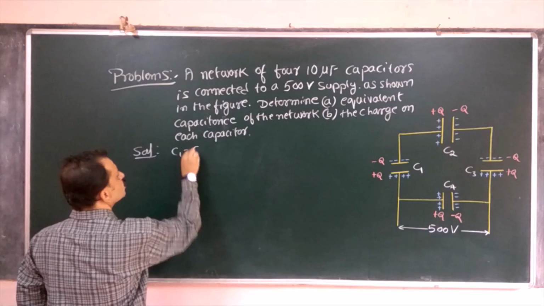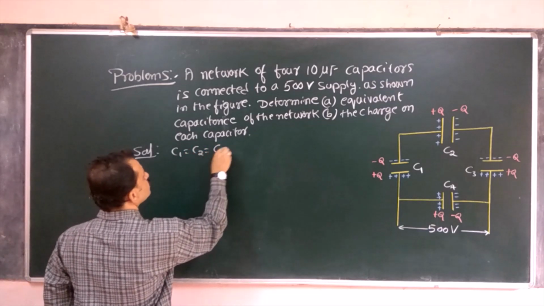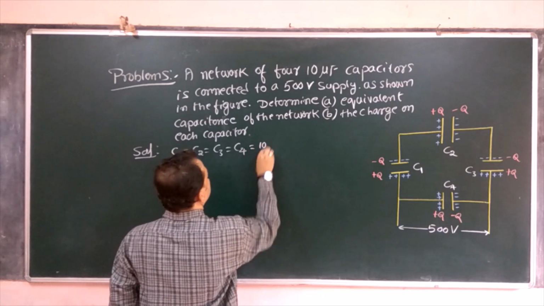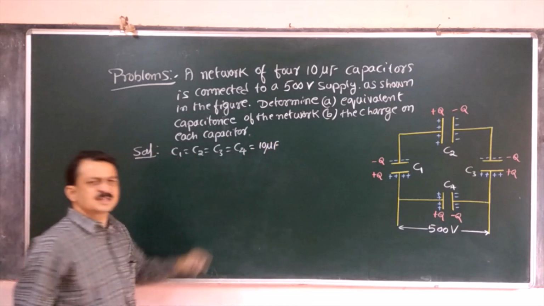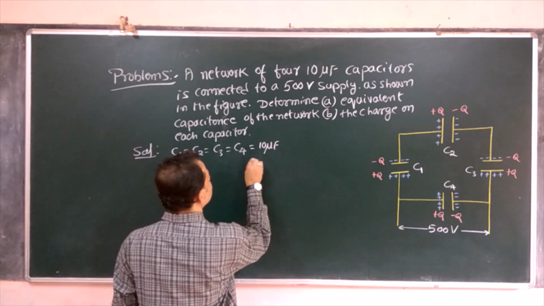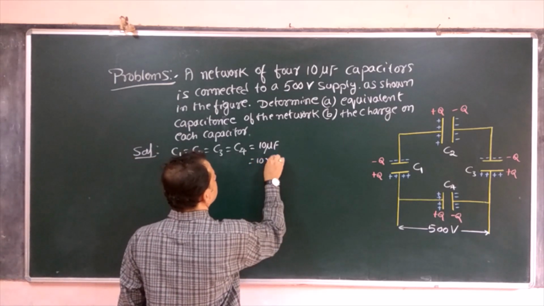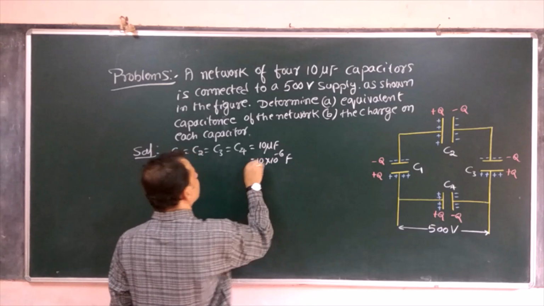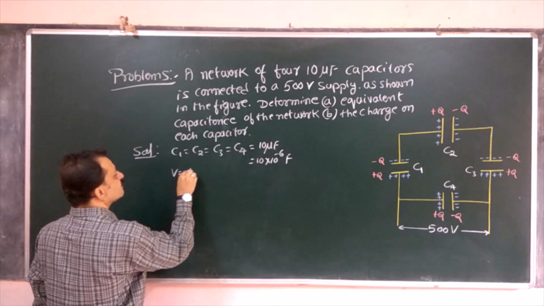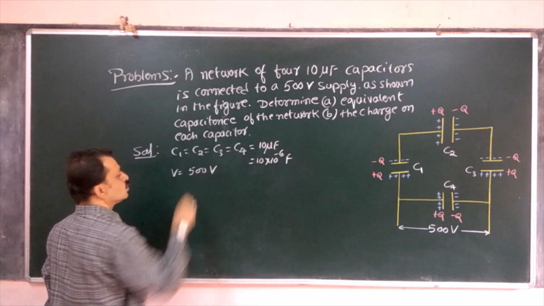Solution: C1 is equal to C2 is equal to C3 is equal to C4, that is equal to 10 microfarad. 10 micro means it is 10 into 10 to the power of minus 6 farad. And the battery supply voltage is given, that is 500 volts.